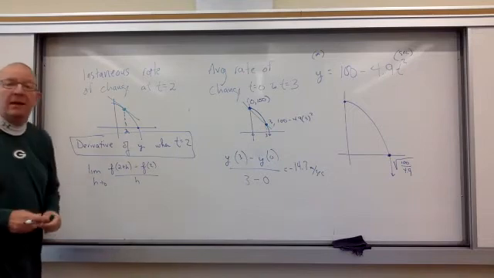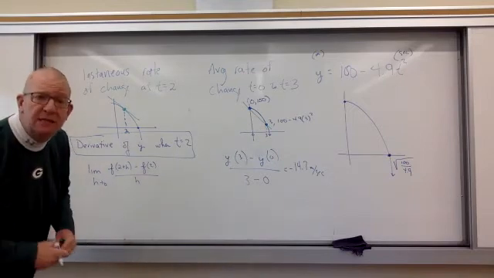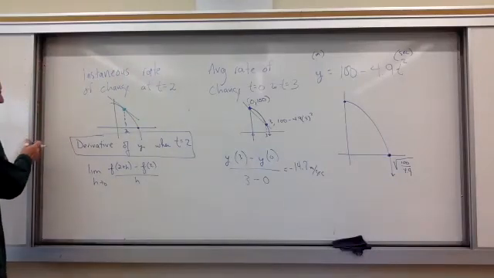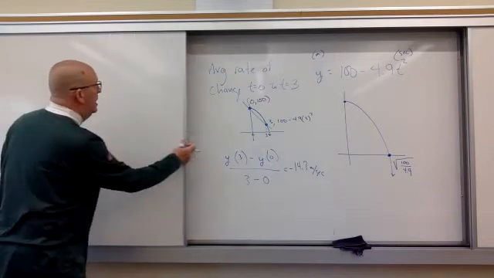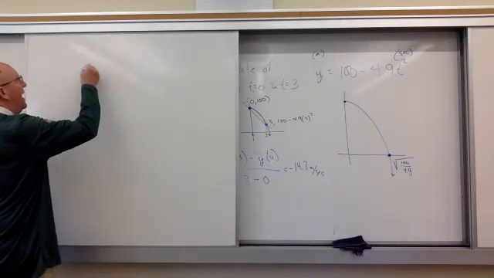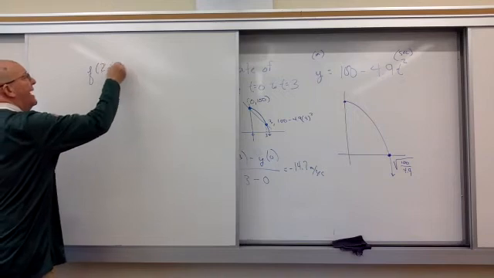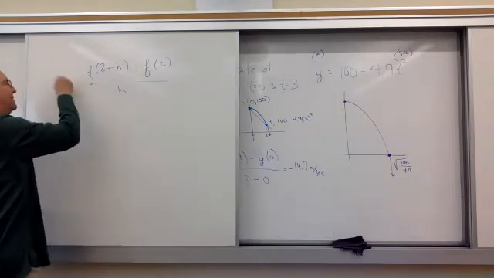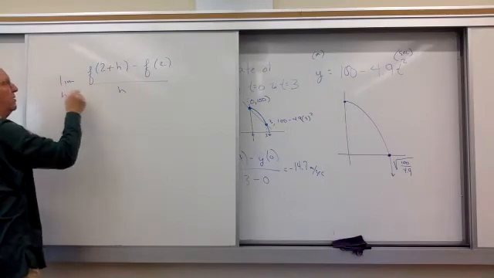Well, let's do it, man. Put on your algebra pants, and let's figure this out, okay? So let's go right over here. And remember now, we're going to do f of 2 plus h minus f of 2 over h, the limit as h approaches 0, okay?